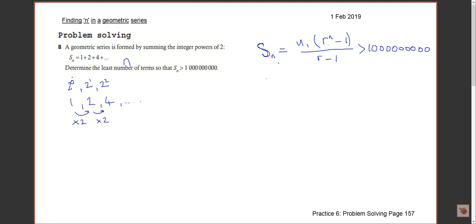Okay, I'm going to do the next line and then I'm going to let you try and figure out from there, okay? So U1 is 1. R is 2. N is what we're trying to figure out.